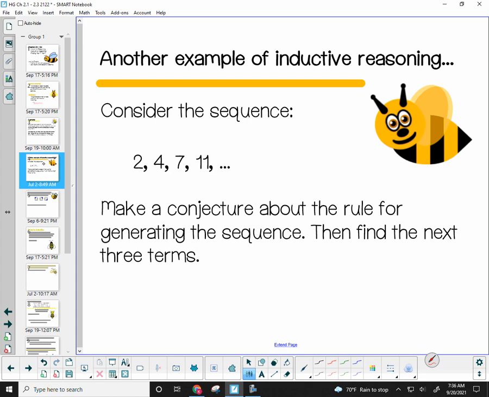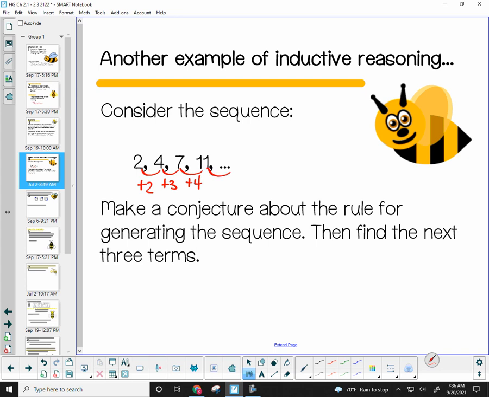They go from 2 to 4, 4 to 7. This is adding 2, this would be adding 3, and then adding 4. So every time we're going to increase that step, right? Okay, so can we find the next 3 terms?